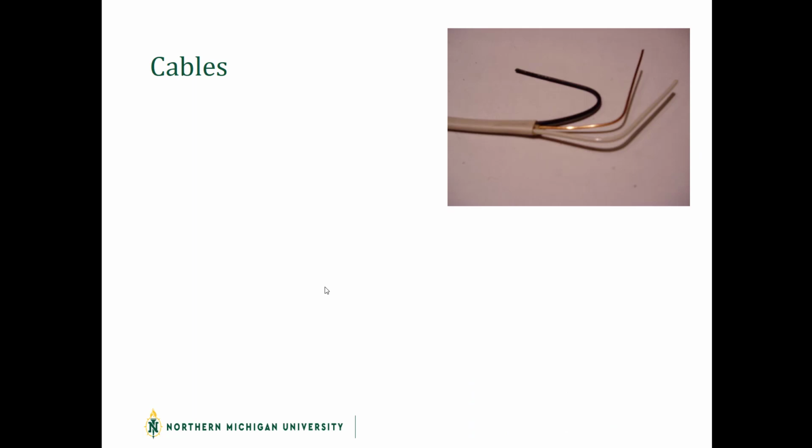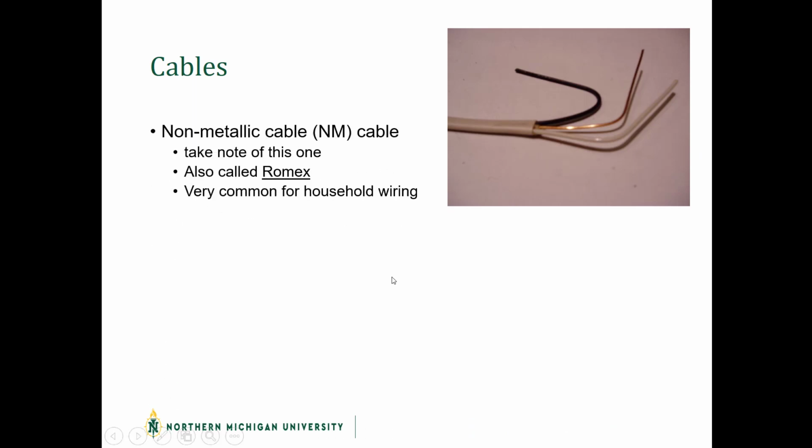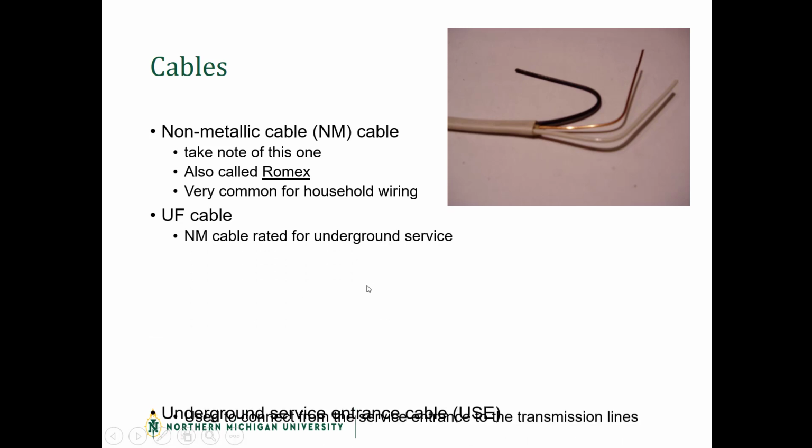So onto just cables now. What we're looking at here, and what we see a lot of, is what would be called NM cable, non-metallic cable. Romex is what we generally use, at least in the upper Midwest here. What I see all the time is just Romex, and people just call it Romex now. Very common. This is when we just have the jacket around the cable. UF cable is an NM cable rated for underground service as well.